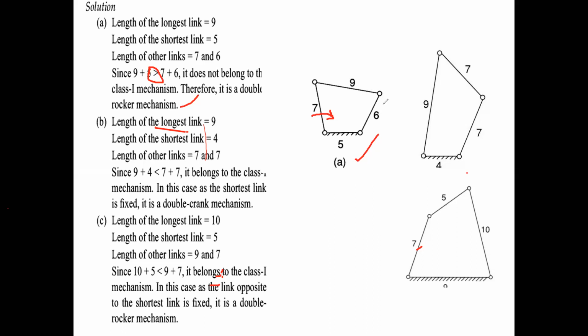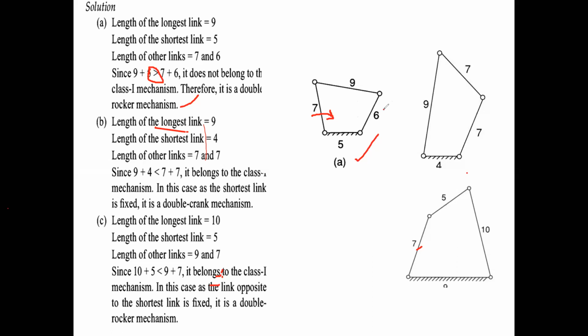Only oscillating motion is achieved here. So which type of mechanism is this? Double rocker. These two are rockers, double rockers.